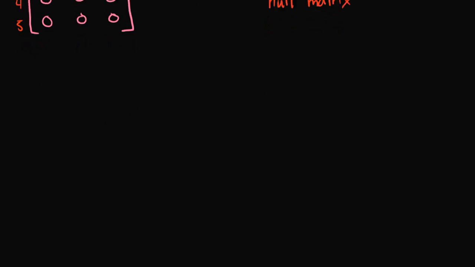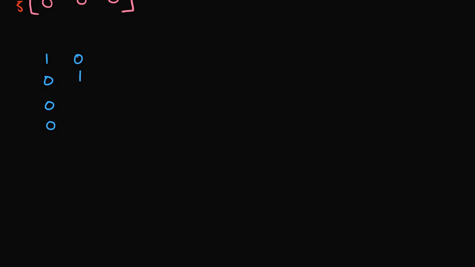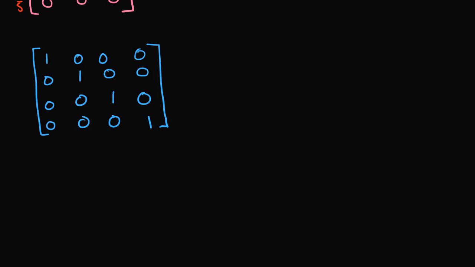And finally, if I scroll down, let's do one more example of a special matrix. Let's say we have the matrix 1, 0, 0, 0, 0, 1, 0, 0, 0, 0, 1, 0, and then 0, 0, 0, 1. Well, let's count the number of rows, 1, 2, 3, 4, and the number of columns, 1, 2, 3, 4. So this is a 4 by 4 matrix, right?